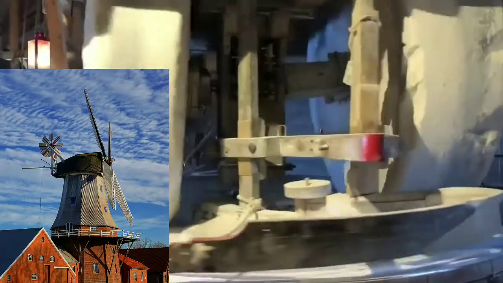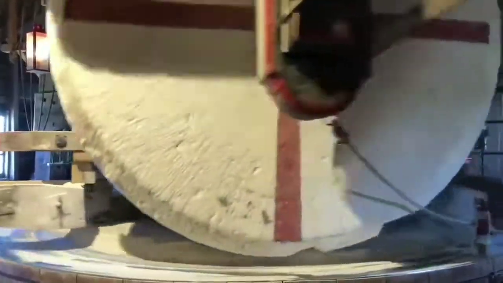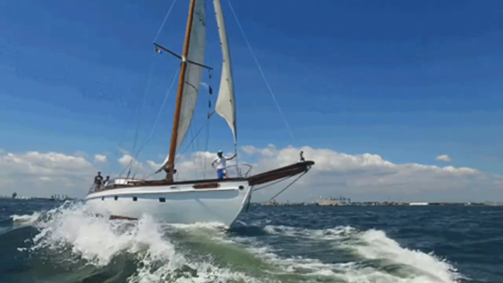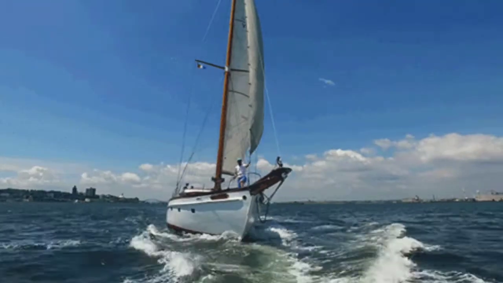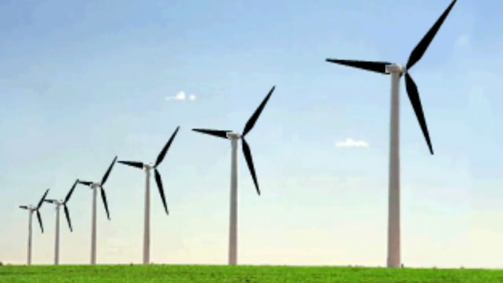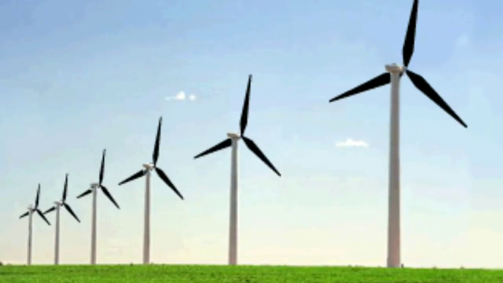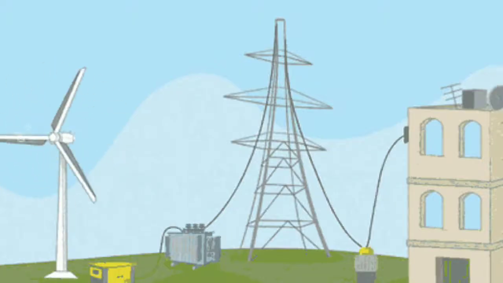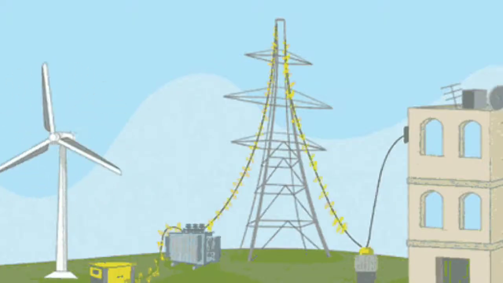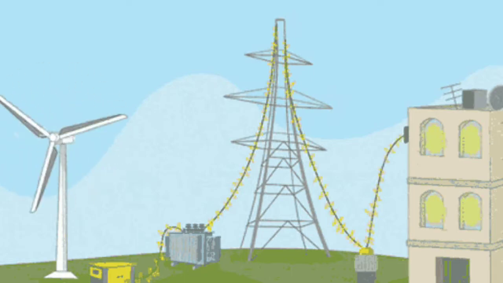Windmill is used for grinding grains. And for transportation of sailboats, they used the power of wind. And nowadays the power of wind is used for generating electricity.